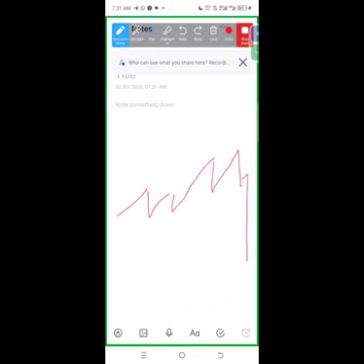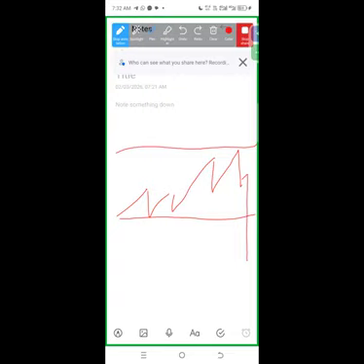Now you've taken time to draw your support, taking time to draw your resistance zone. On this chart, what we are saying is that you want to identify the structure of the market so that you can be able to know the next move.